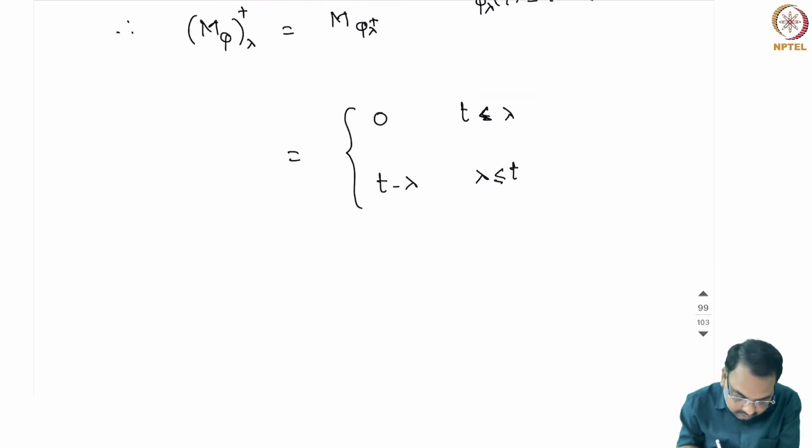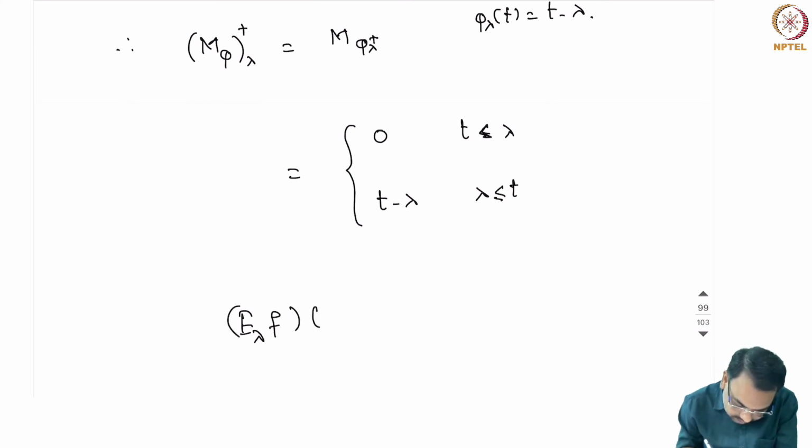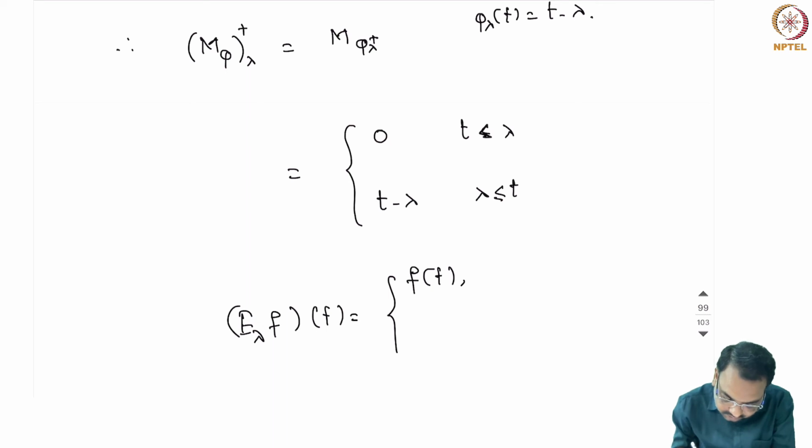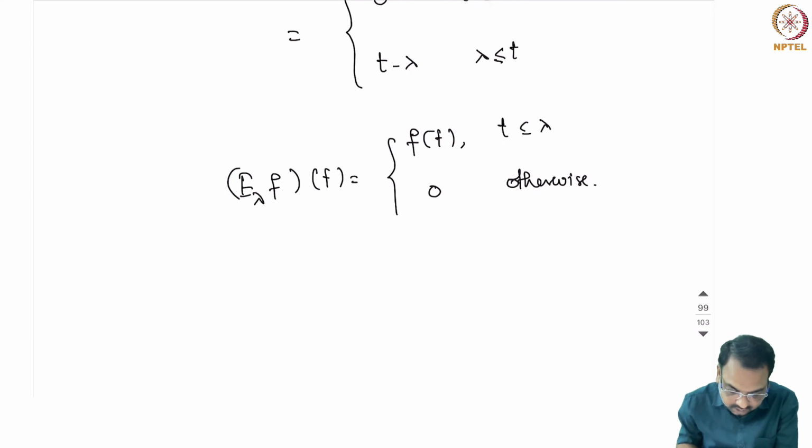Okay, so in this case we can actually write E_lambda. Now if you look at the null space of M_((phi minus lambda)+), that is nothing but the range of E_lambda. So we can easily find E_lambda f at t is f of t when t is less than or equal to lambda, 0 otherwise. This we can easily calculate using the same procedure that we have done earlier.